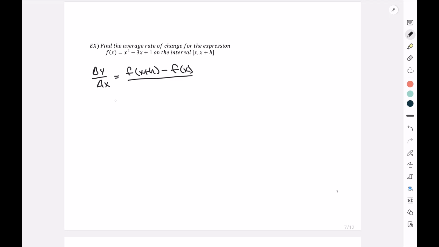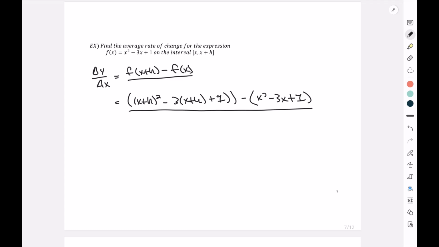So in function notation, we would have in parentheses x plus h squared minus 3 times x plus h plus 1, minus, we would keep our x squared minus 3x plus 1, all over our x plus h minus x.